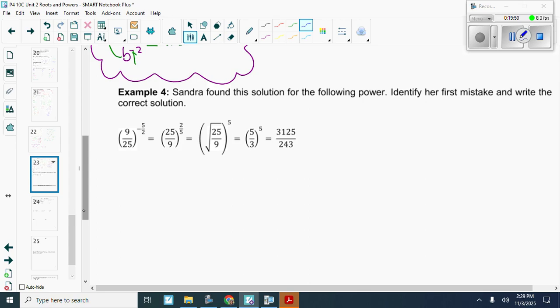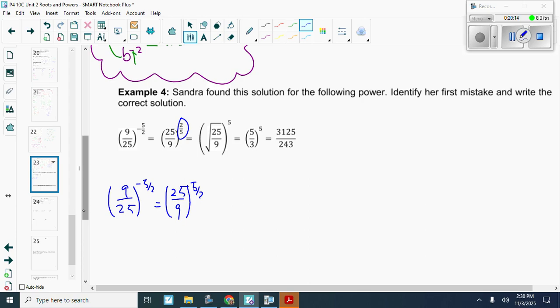So what I would have done, and I'll try going left to right the same as she did, if this was the original question, negative 5 over 2. She dealt with the negative first, so she wrote the reciprocal: 25 over 9, 5 over 2. I can see right away what she did wrong. She flipped the exponent.